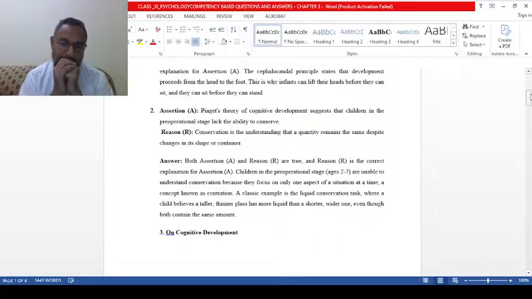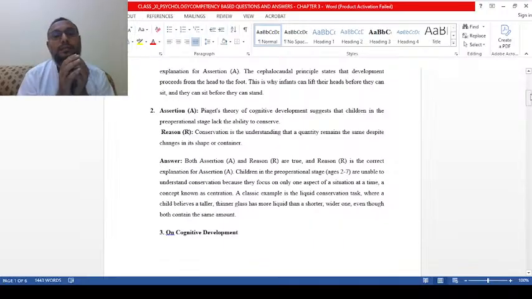You see, in Piaget's pre-operational period, we have the major qualities: egocentrism, animism, centration, irreversible thought. Now here you can see the word which was used here. Children lack an ability to conserve actually.